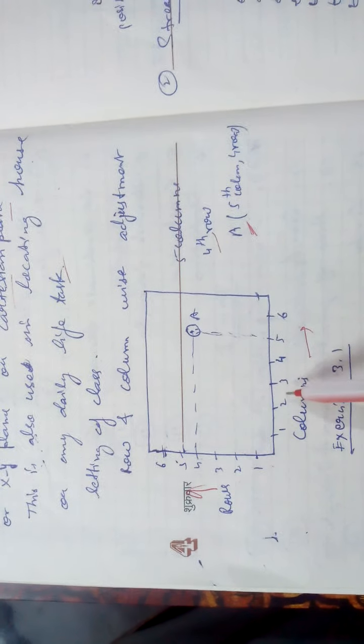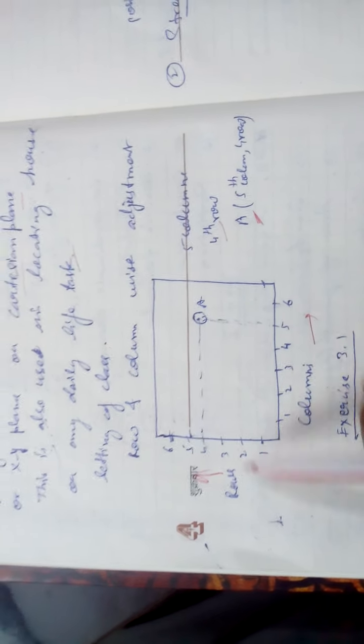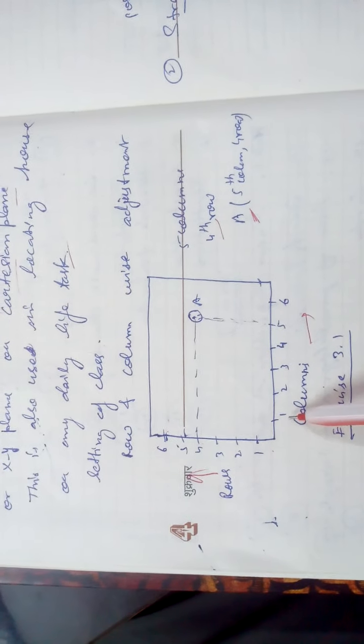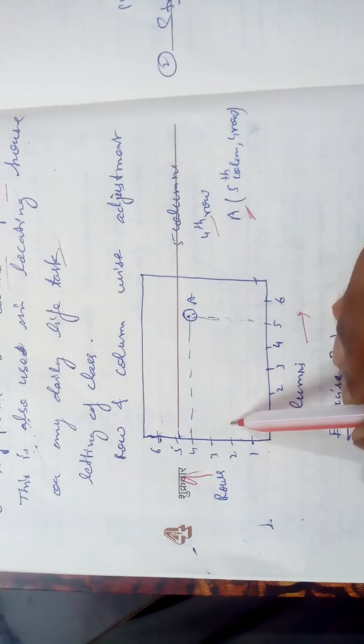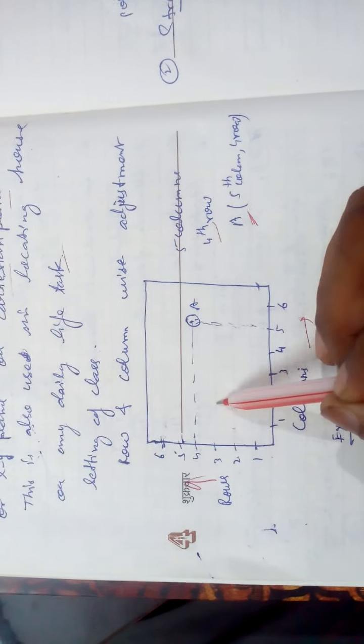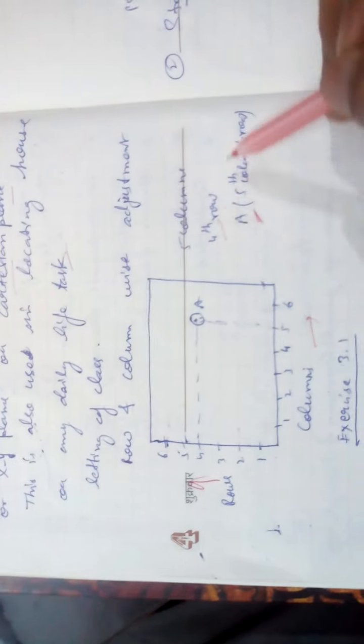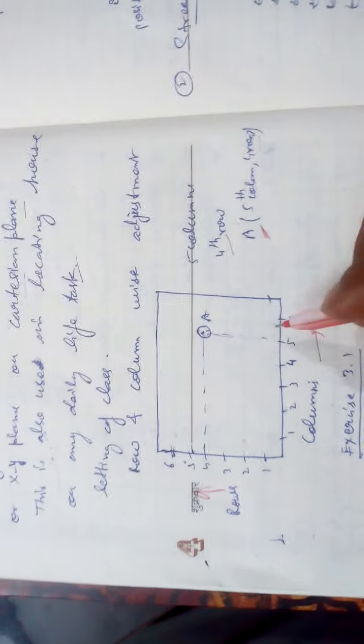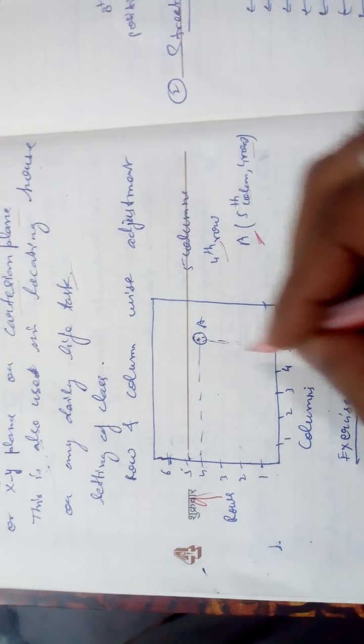Indication of the columns: first, second, third, fourth, fifth. Then the first column, second row; second column, third row; maybe fourth column, third row; or fifth column, fourth row. If student A is sitting in the fifth column, fourth row, it is indicated by 5 on the x-axis and then 4.